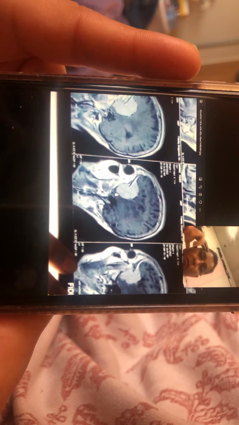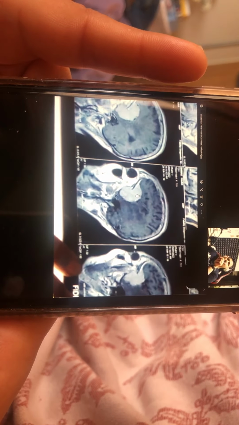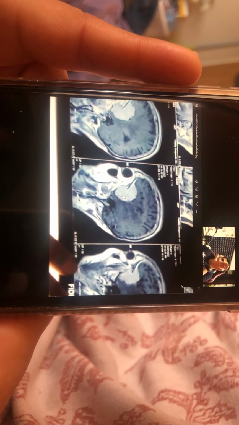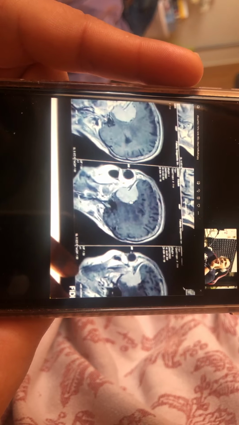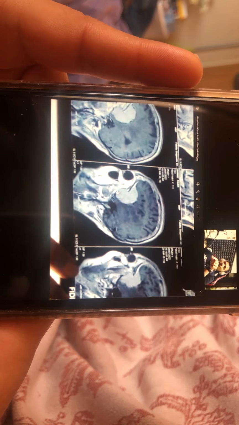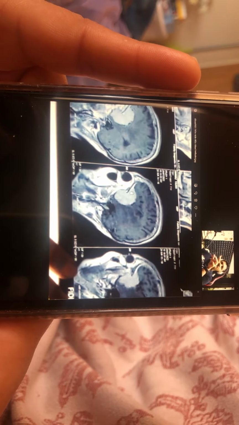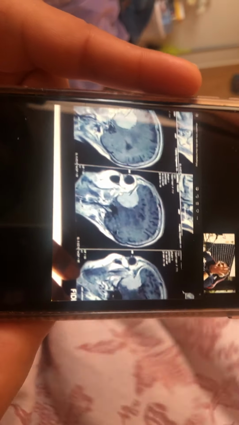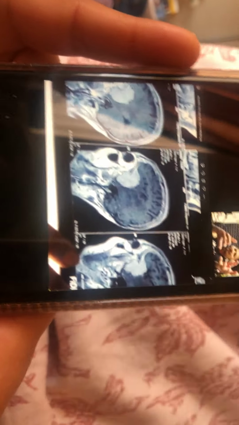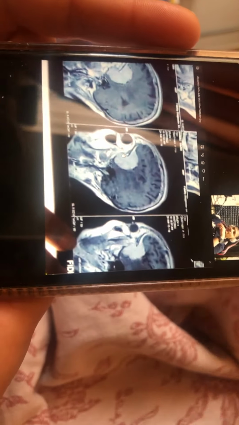So we need to reduce this tumor volume. We need to take this tumor out because unless we remove that tumor, the brain swelling won't reduce. Number one. Unless we remove the tumor, this space which has been occupied by the tumor won't get free so that the brain can adjust itself again to the original position.